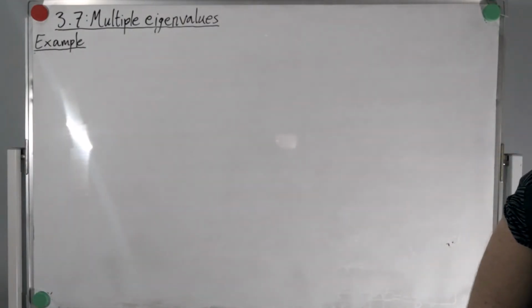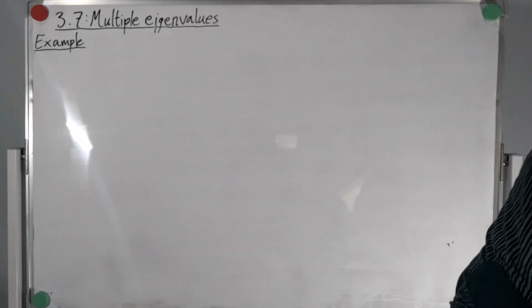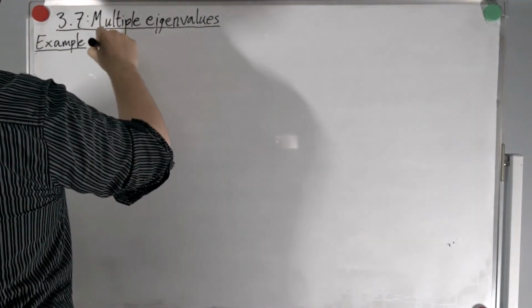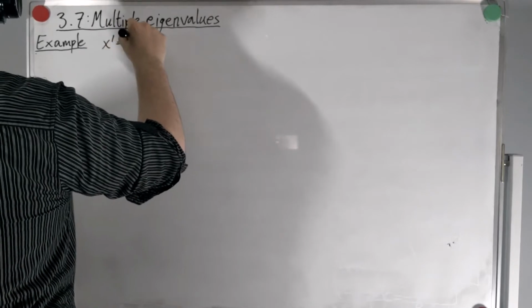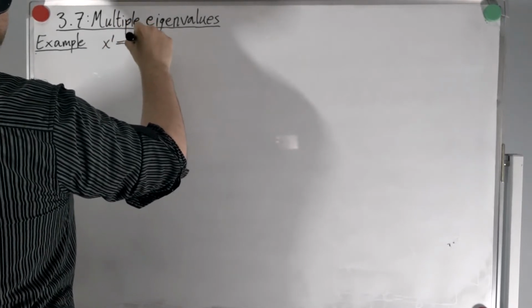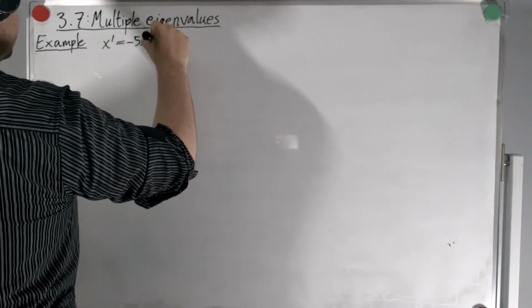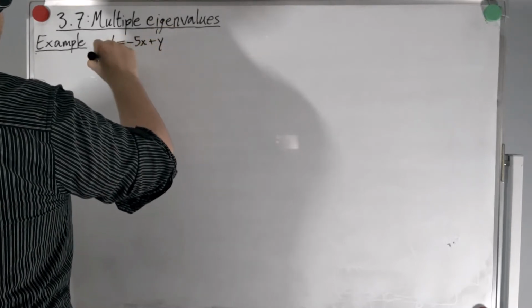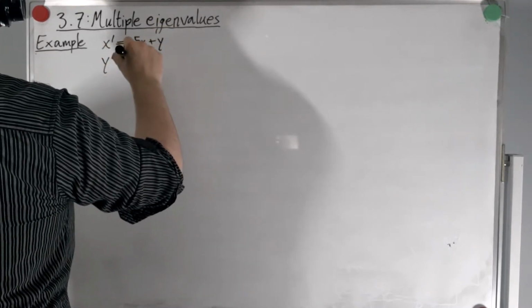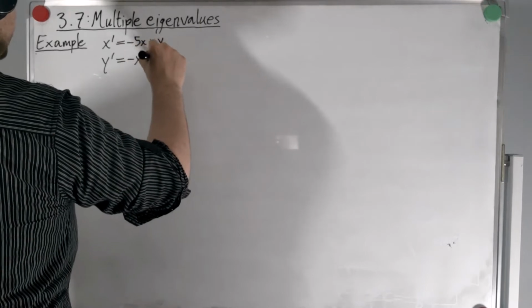Okay, this one is the system x prime equals negative 5x plus y, and y prime equals negative x minus 3y.